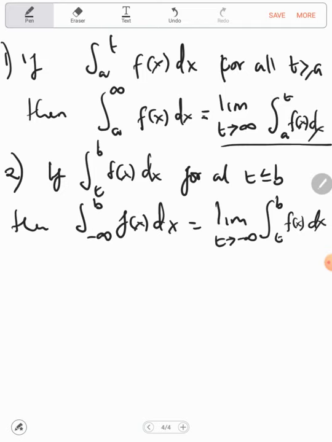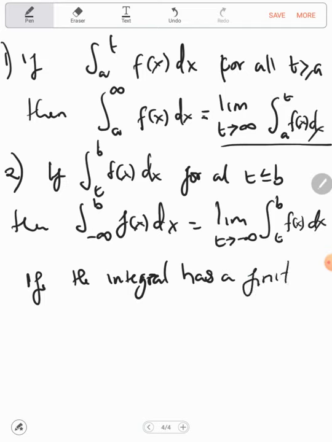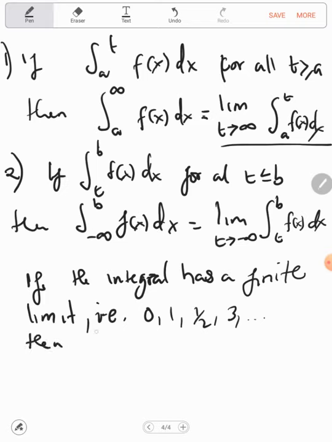Now, something that is worth knowing or checking here, for any of the above situations, if the integral has a finite limit, so by finite limit we mean say 0, 1, half, 3, or just any number, then the integral converges.